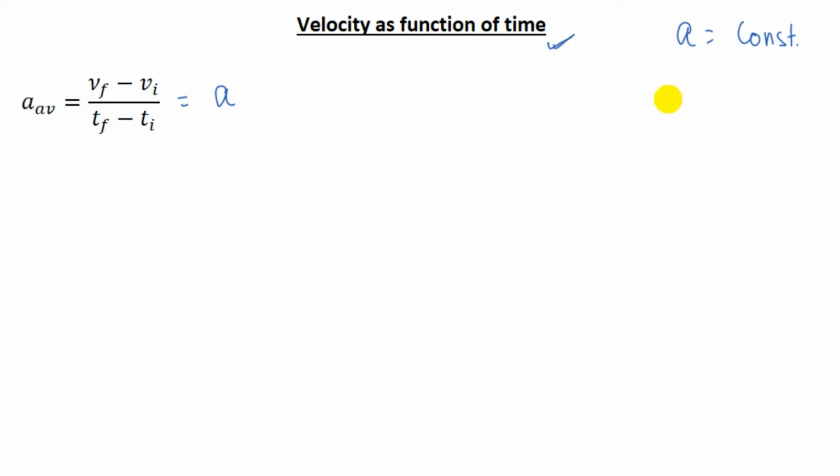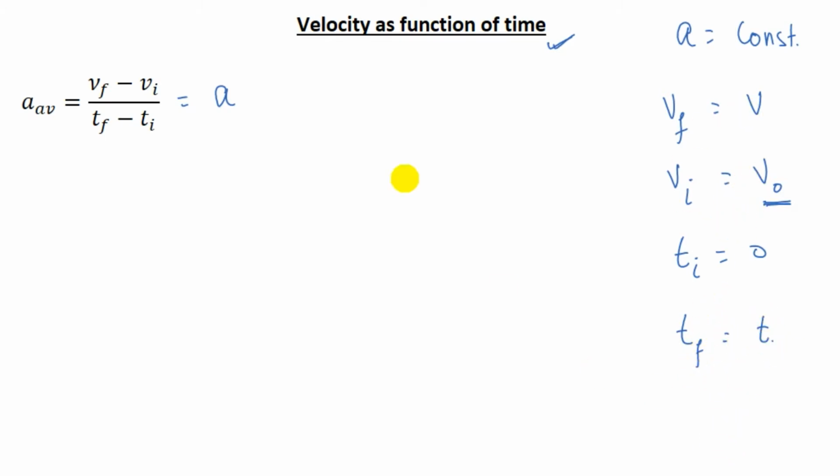Now let the final velocity be represented with v, and the initial velocity, let it be v naught, and let initial time t_i be equal to 0. So at time t equals 0, the velocity of the particle is v naught, and the final time t_f, let it be t.